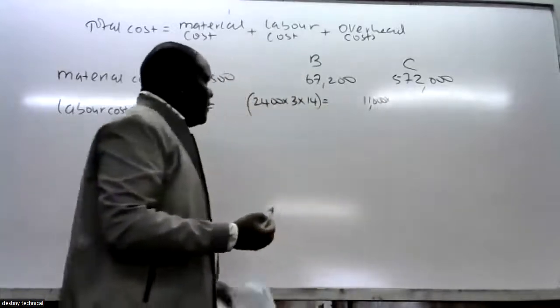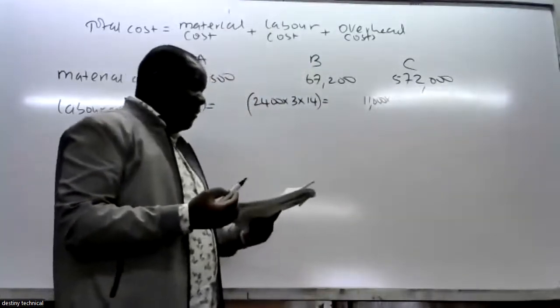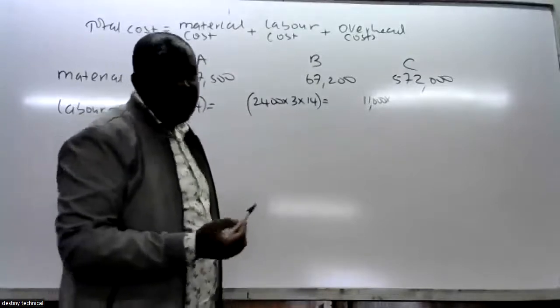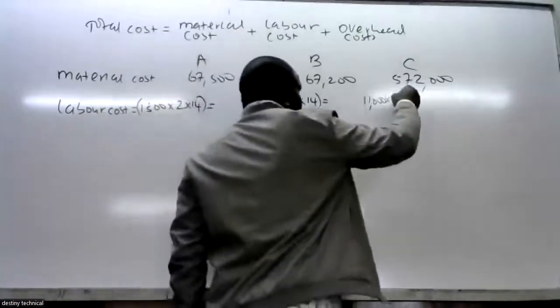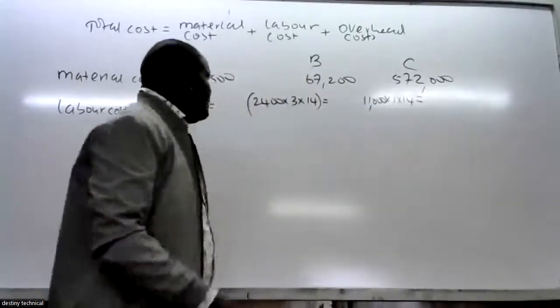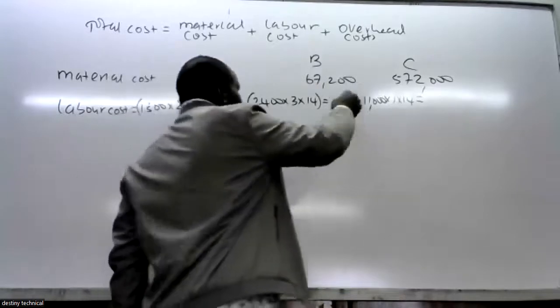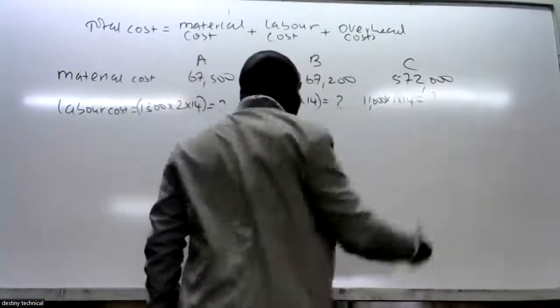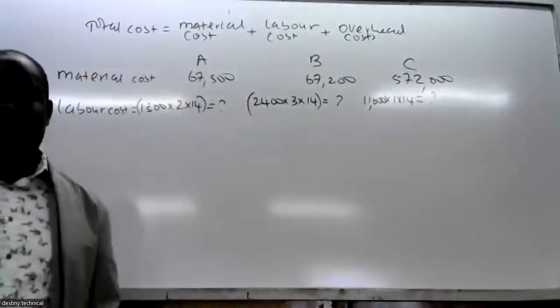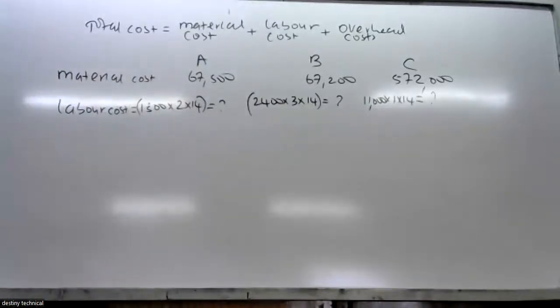We multiply by the labor hours, which is 1, also multiplied by 14. So that is what will give you the labor costs.